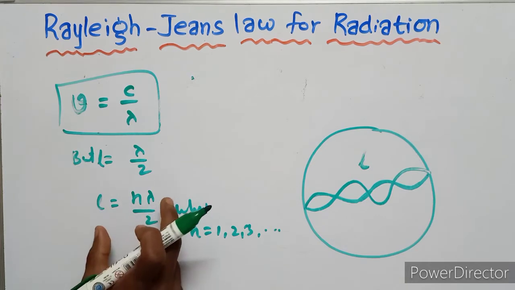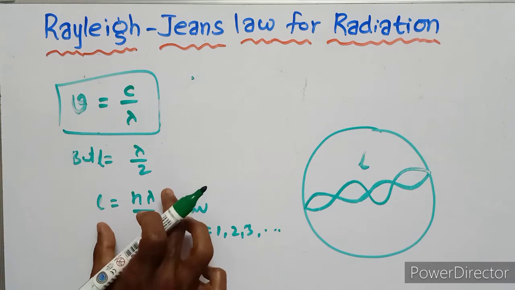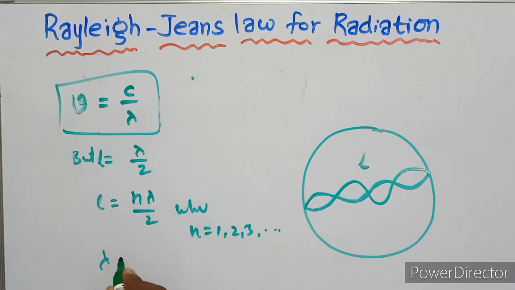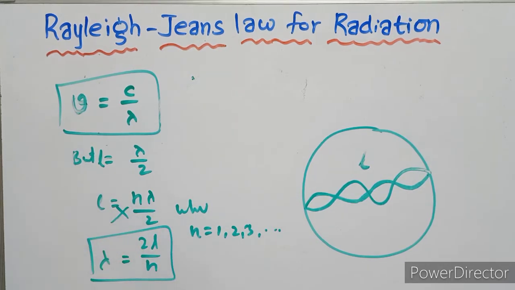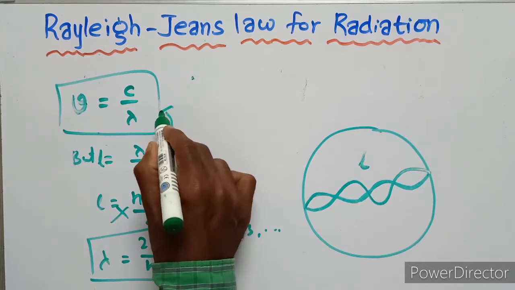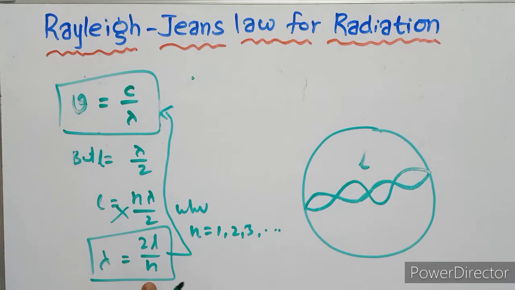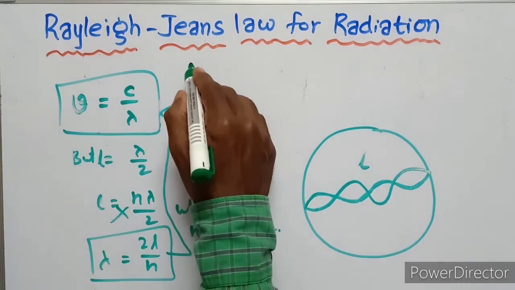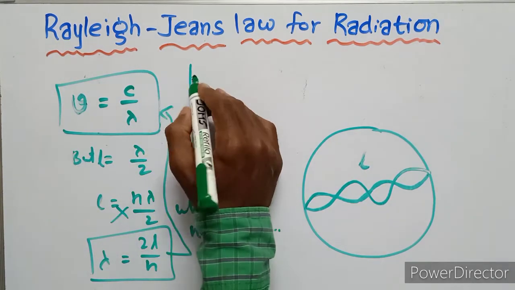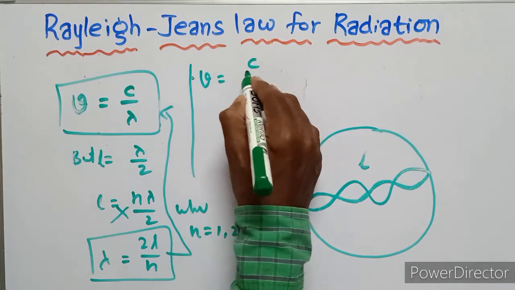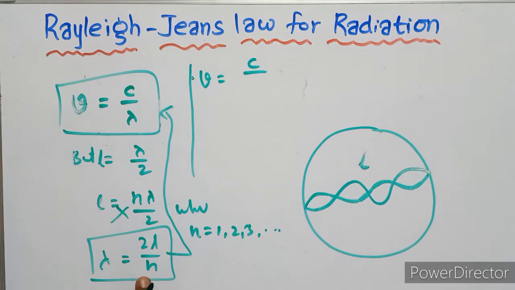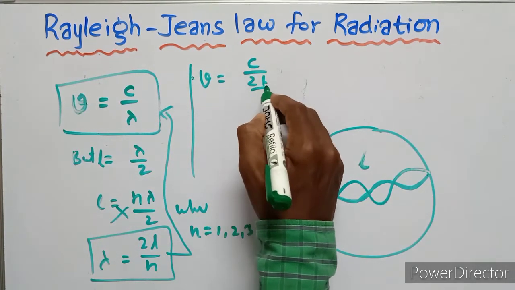So from this equation we derive lambda equals 2L upon n. This equation is substituted in the frequency equation. It can be written as nu equals C upon, where lambda we substitute 2L upon n.